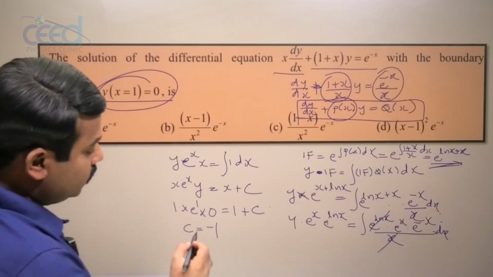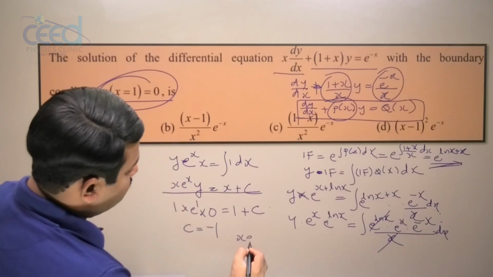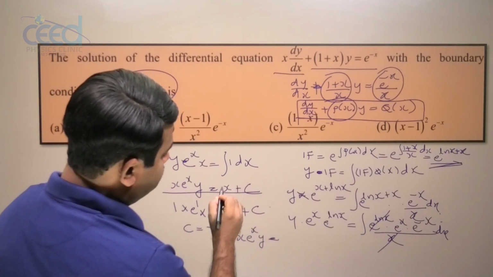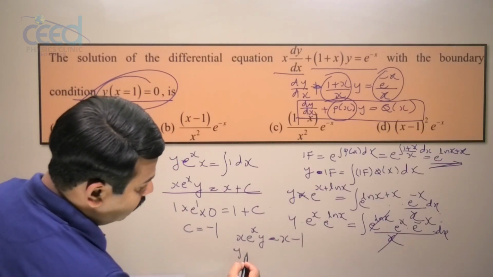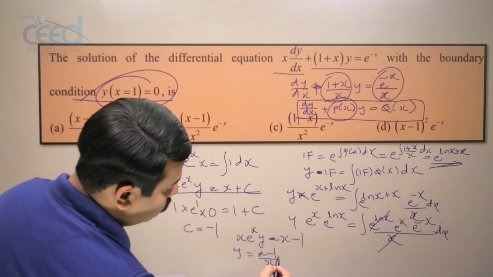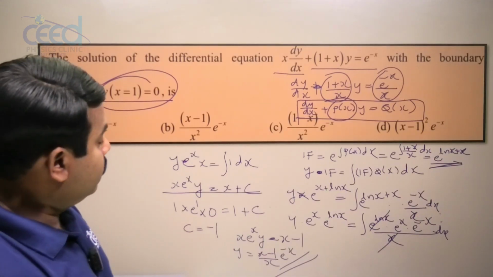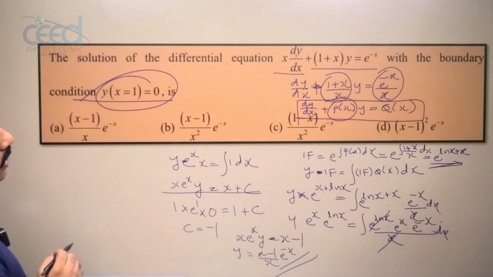After getting c equal to minus 1, we substitute it here: x e raised to x y equal to x minus 1. Then y is equal to (x minus 1) divided by x into e raised to minus x. So this is the solution, which is (x minus 1) by x into e raised to minus x.